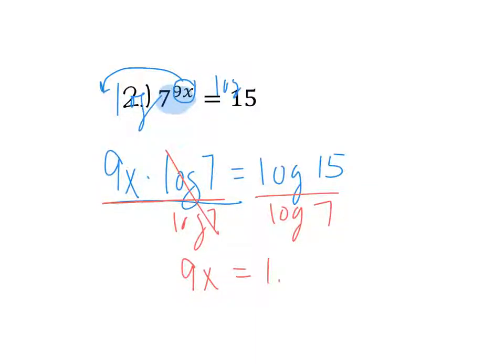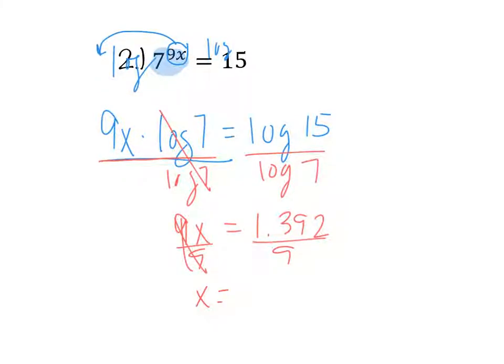We'll do 3 decimal places, 1.392. And then just divide both sides by 9. Let's cross that out. So what I get is x equals, divide that by 9, 0.155.